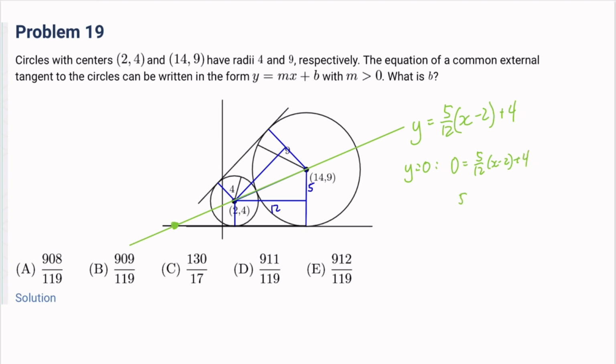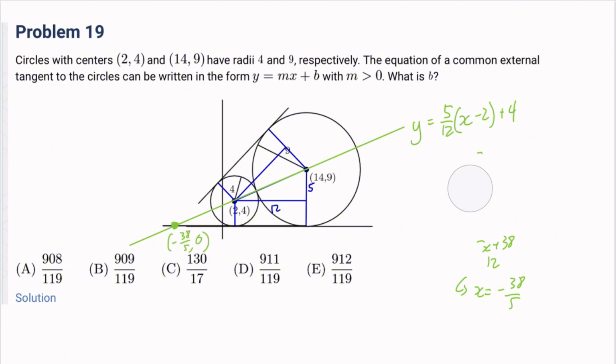And so 5 times (x minus 2), and then plus 4 times 12, which is plus 48, over 12, this is going to be (5x plus 38) over 12. And so that means x is equal to negative 38 over 5, right? So this is (negative 38 over 5, 0).